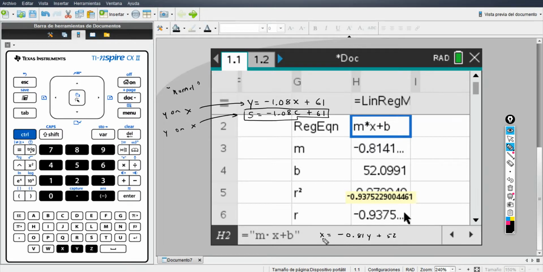Okay, and if instead of x and y you want to put the variables of interest, which are the cost and the tickets sold, then in here I'm going to put the cost, and in here the tickets sold, minus 0.81 s plus 52. It's like this.